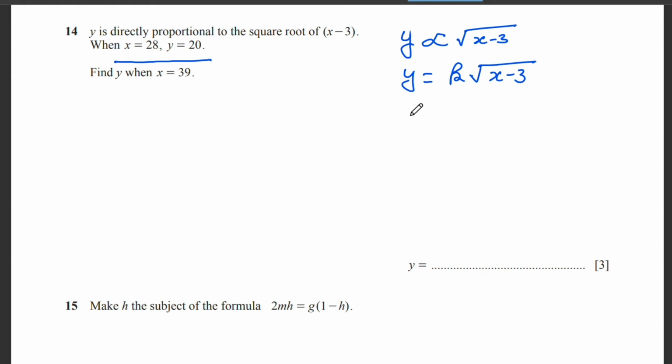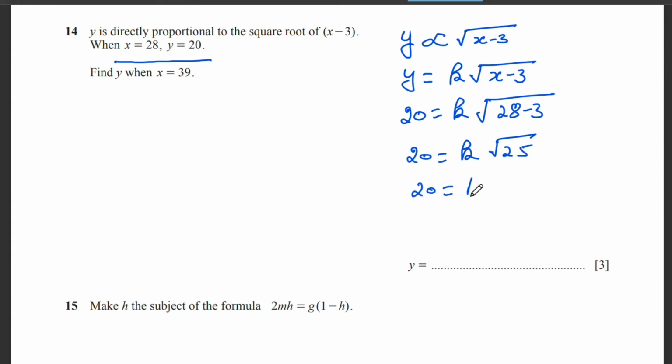Now we have to find the value of k. Substituting x is 28, y is 20, we'll get the value of k. So 20 equals k under root of 28 minus 3, so 20 equals k under root of 25. Root of 25 is 5, so 20 equals 5k. So k equals 4.